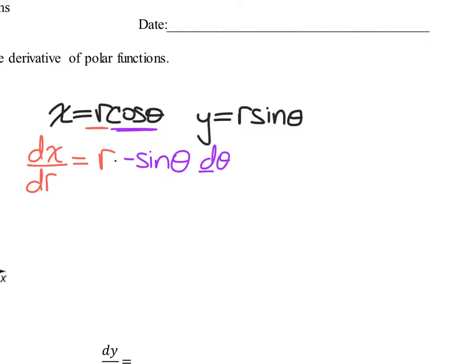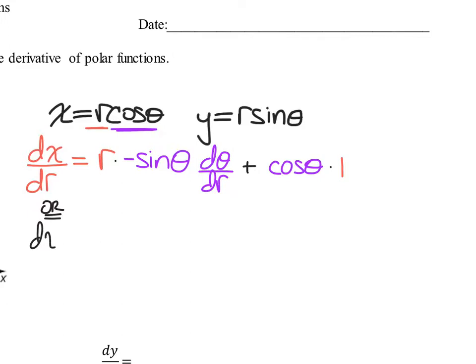D theta dr. Plus the second function, cosine theta, times the derivative of the first, which would be, well, dr, which is just a 1. All right, so 1. So that's one possibility.